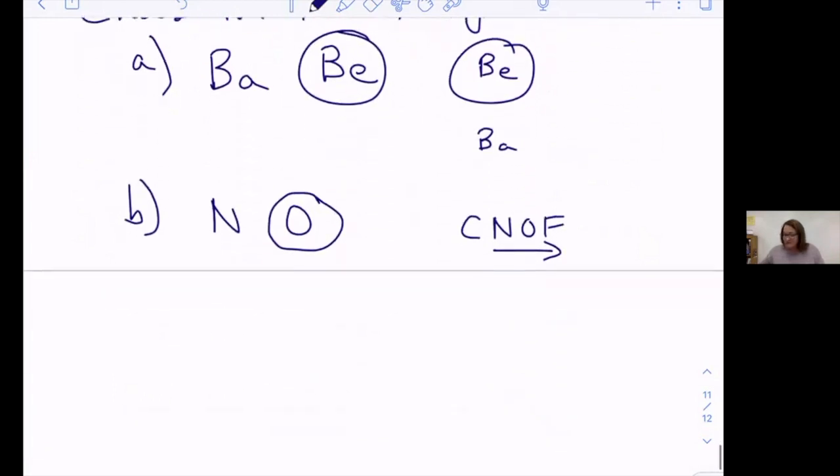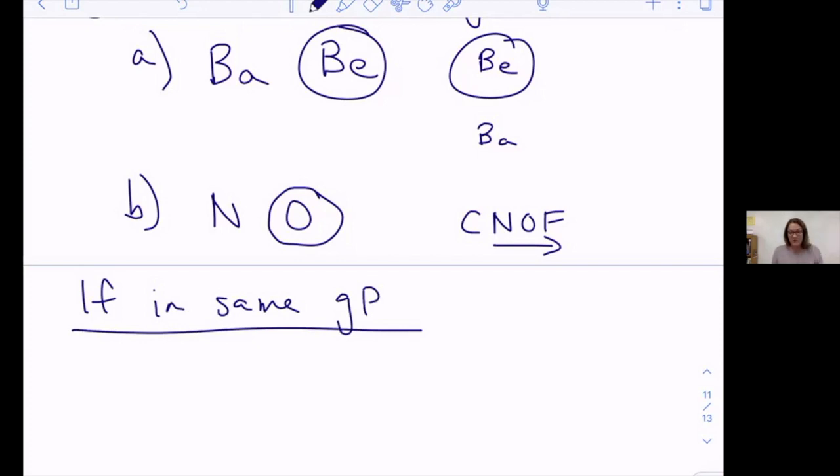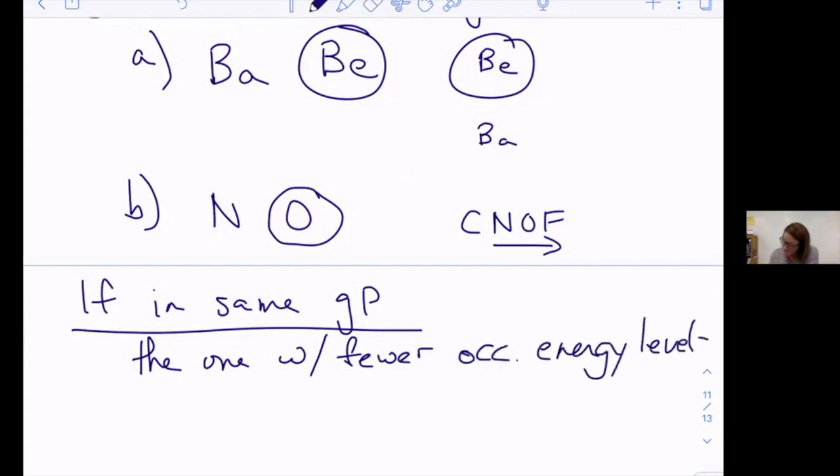If you are asked to explain why, if they're in the same group, so remember the groups are the columns, when they're in the same group, the answer is based on the number of occupied shells. The one with fewer occupied energy levels, or fewer shells, has its valence electrons closer to the nucleus.